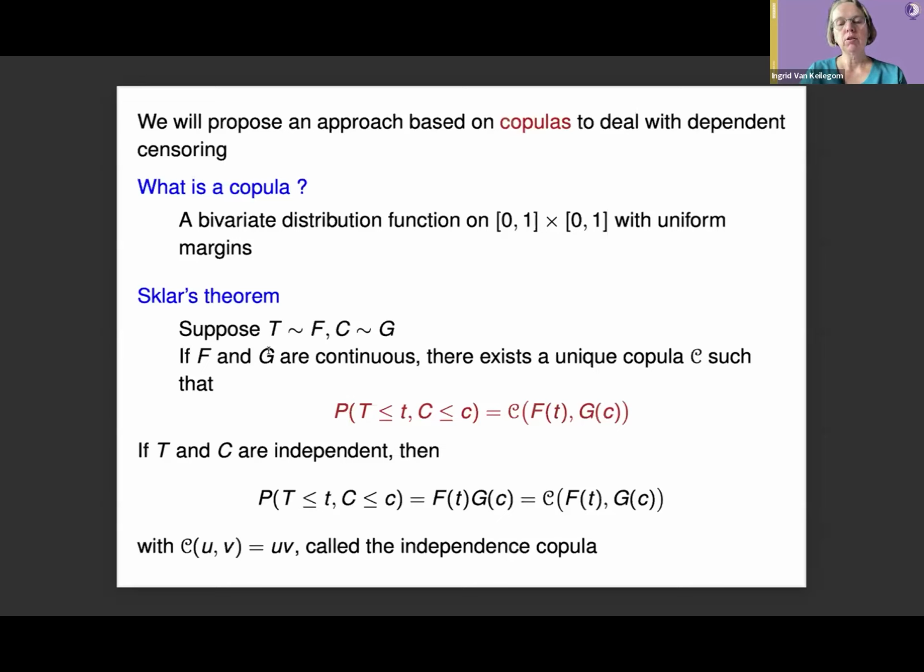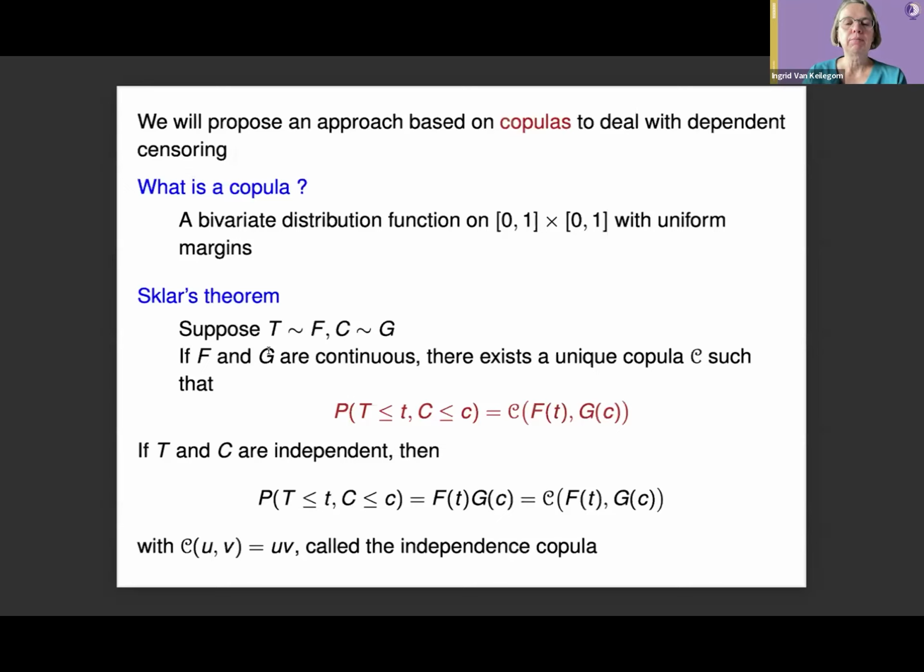So in a sense, a copula is a bivariate distribution, but you take out the margins. So it allows you to model the dependence between two random variables without having to worry about margins because the margins are extracted from that copula.